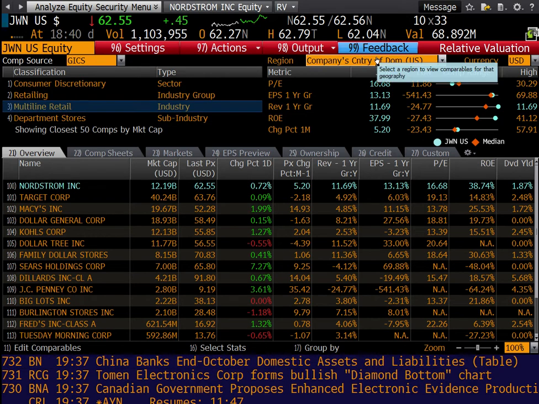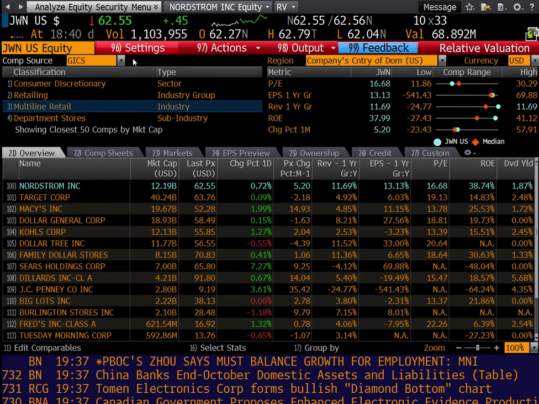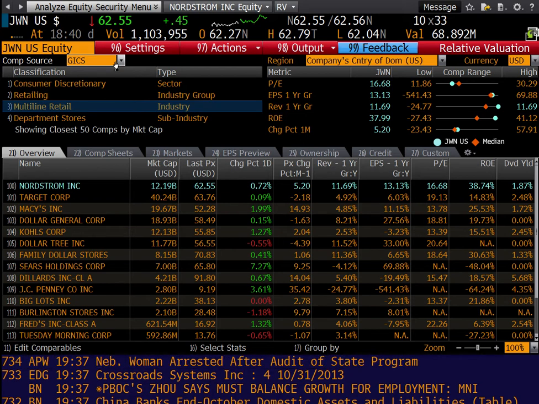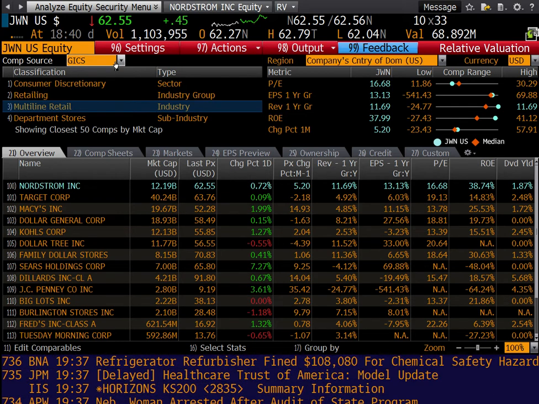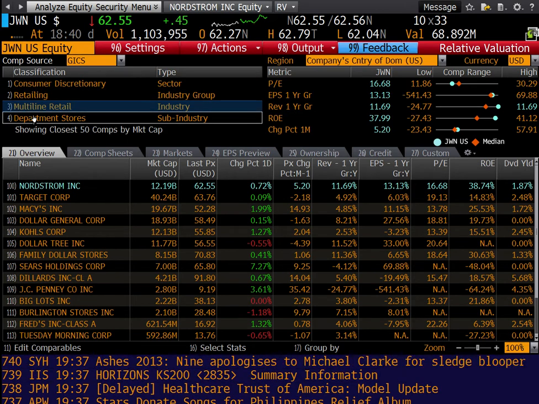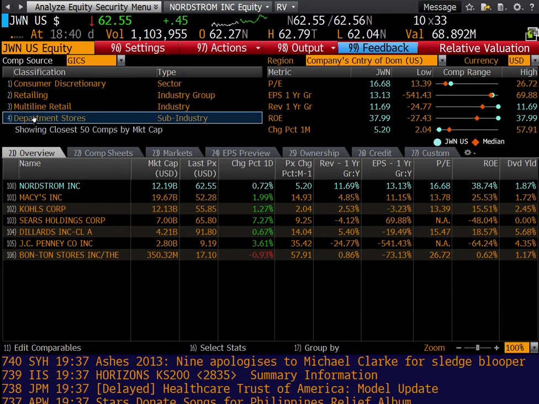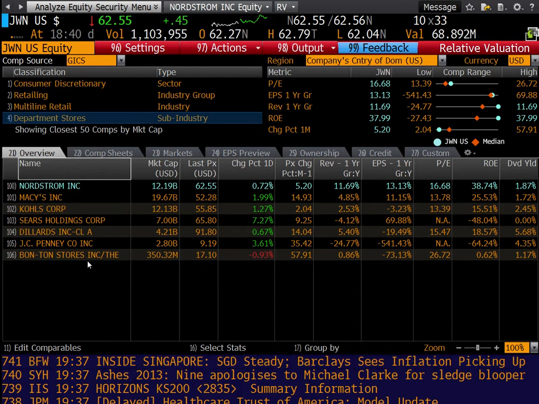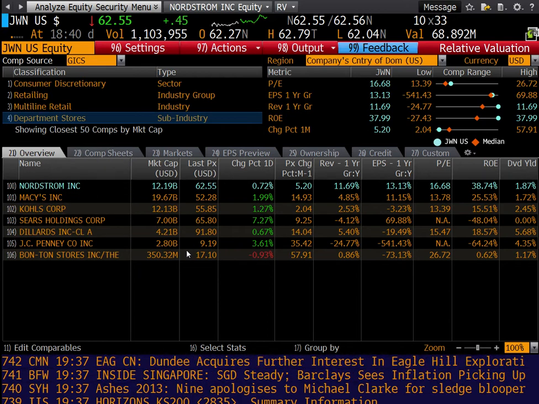And over here you have region, country of domicile. Nordstrom is a U.S. company, so these are the U.S. companies in the GICS code that are coded for being peers of Nordstrom's. Now I could go down to the department store sub-industry, click on that, and it will shorten the list to the sub-industry for Nordstrom. Everybody see that?